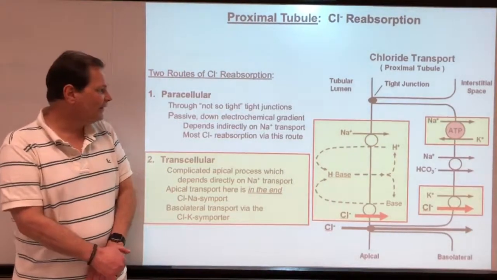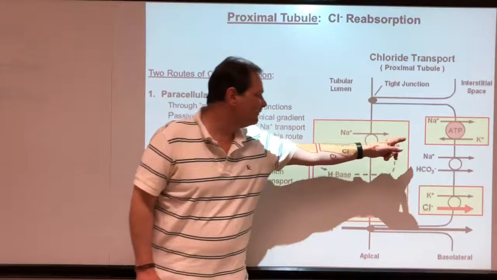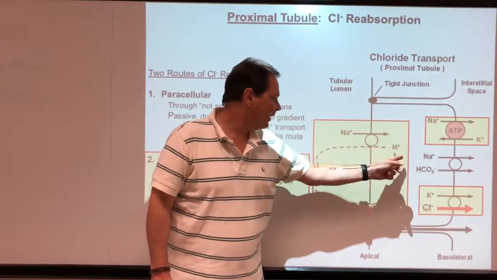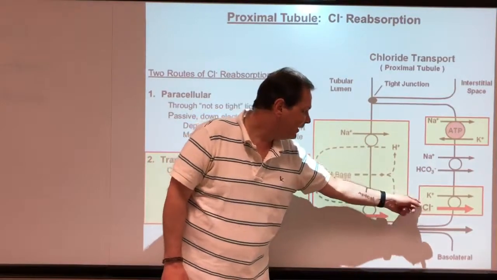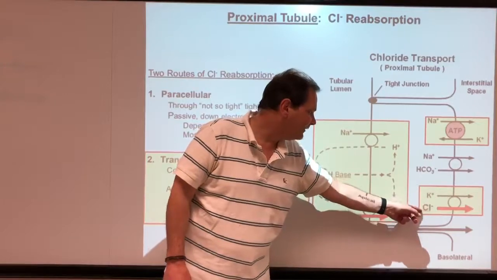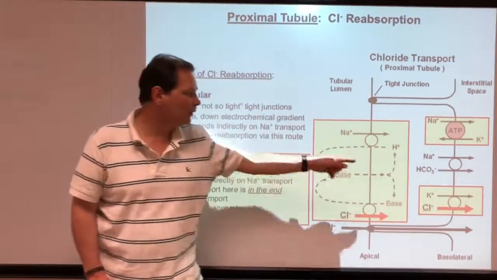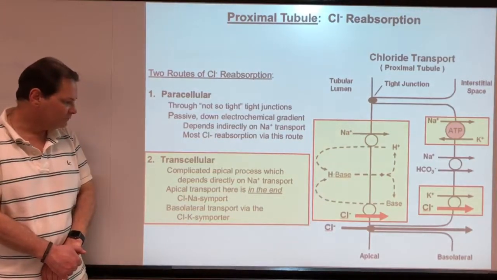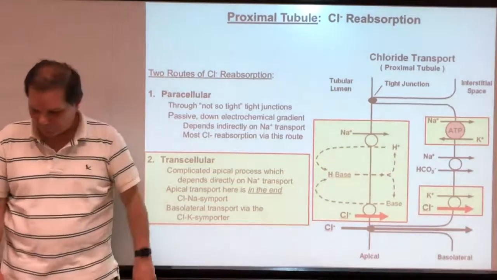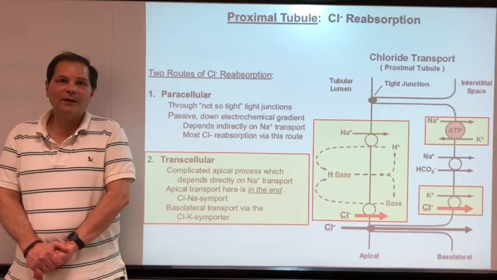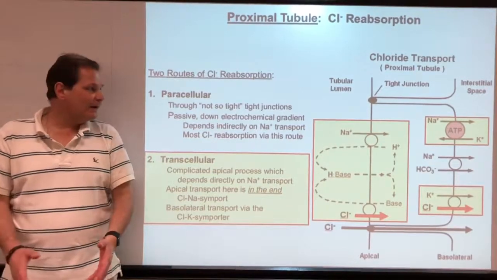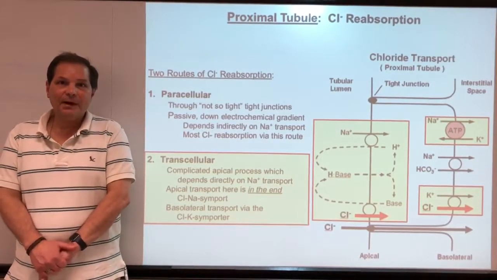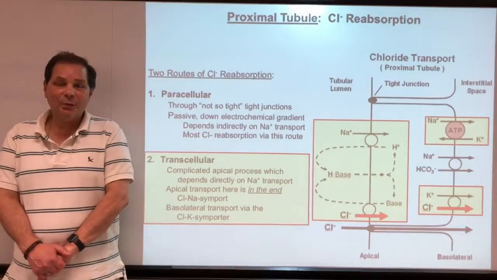And then on the basolateral membrane, of course, you have your sodium-potassium pump driving this uptake, and a potassium chloride co-transporter will take the chloride across the basolateral membrane. All right? Good. Okay, so why don't we stop here, and we'll pick up in the next video with water handling.